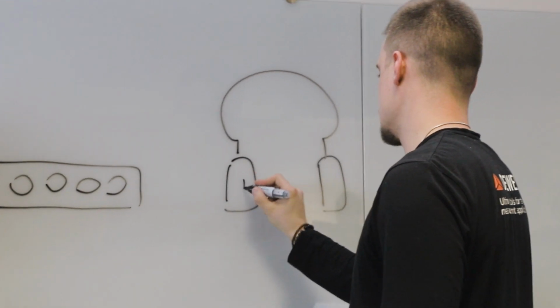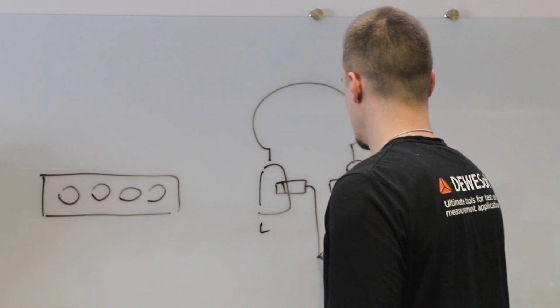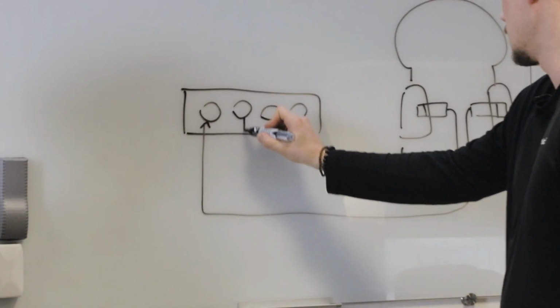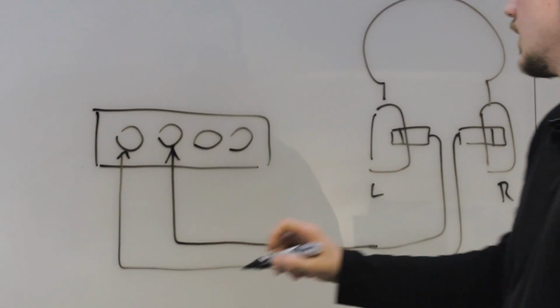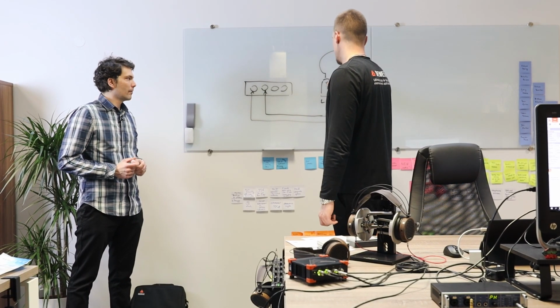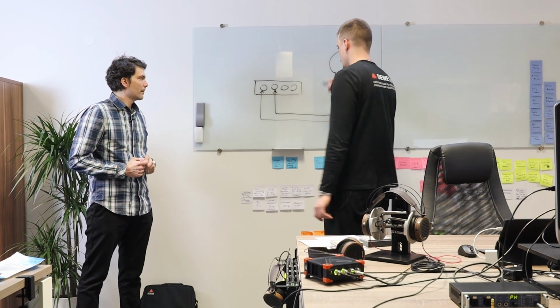These are the headphones, and then we have 2 microphones inside, okay? So from those 2 microphones there will be 2 cables coming each to the designated input on the data acquisition device. So now we will be able to measure exactly at the position where human eardrum inside the ear would otherwise be. Okay, so now we have the response data.